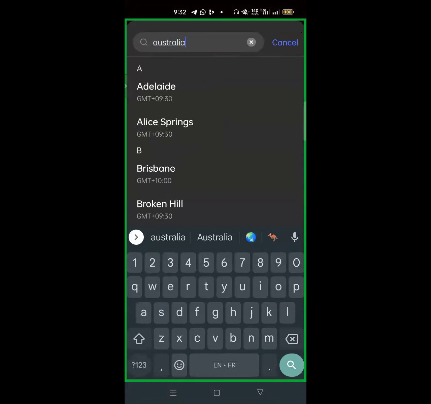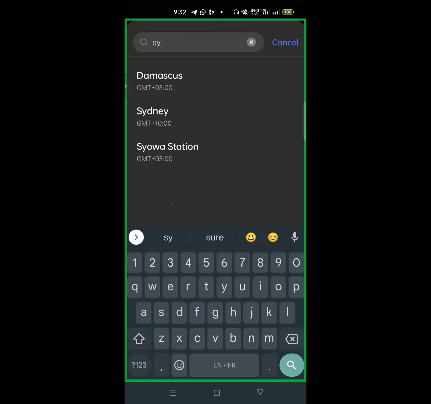Sydney is Australia, right? Look at Sydney: +10. That means right now, at 9:32 our time, these guys should be around 9 or 10 AM their own time, or so. So look, the gap is far.